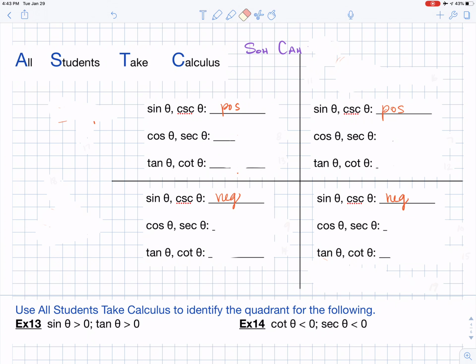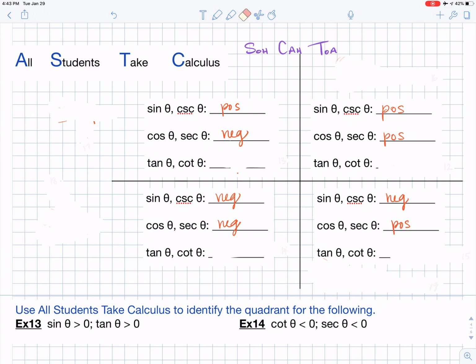In the first quadrant, all of my x values are positive, radius is still positive, so that's going to be positive. In the second quadrant, now my x values have turned negative, so my cosine values are going to be negative. Third quadrant, x values are negative. And in the fourth quadrant, the x values are back to being positive, so I have positive cosine values.